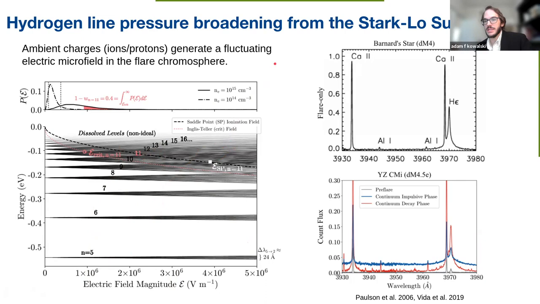And what we see is that the hydrogen Balmer epsilon line broadens dramatically, whereas the calcium 2 resonance lines, like the magnesium 2 resonance lines, don't broaden nearly as much. And so this is evidence that pressure broadening is really important in generating these wings of the hydrogen lines. And from the pressure broadening, we can get an estimate of the electron density in the flare chromosphere.